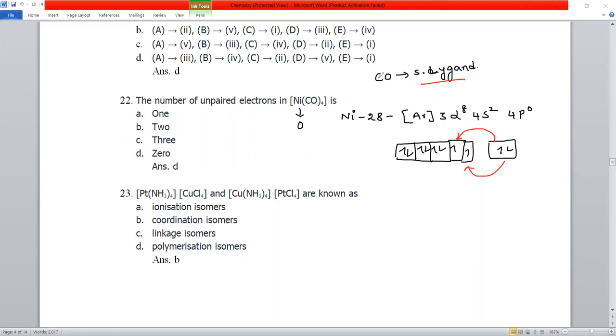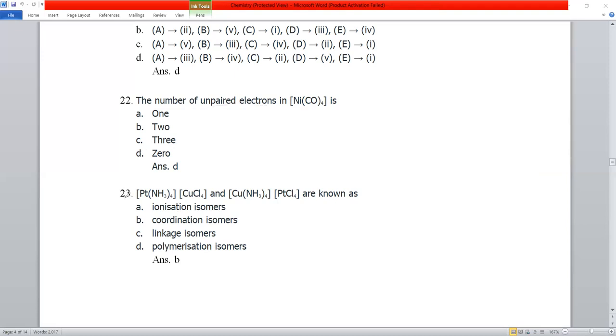If you draw the electrons, total 10 electrons we have here, completely filled. So there is no unpaired electron. If the number of unpaired electrons is 0 in this complex, option D is the correct one. Why? Because it is a strong field ligand. Suppose if it is a weak field ligand, 2 unpaired electrons will be present. So due to the strong field, electrons get paired.